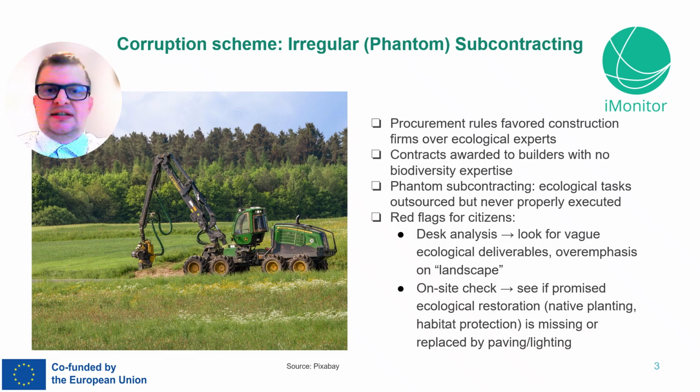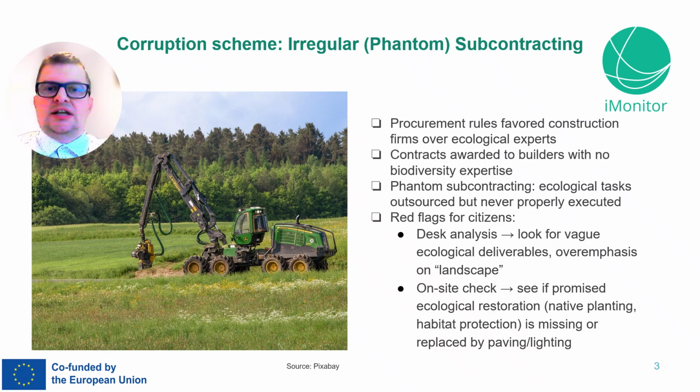For citizens, the red flags are clear. Look for vague ecological deliverables in the documents, or check on site whether the promised restoration is actually there. If instead of restored habitats you see paved paths, or if herbicide spraying has replaced biodiversity care, that's a strong signal that corruption is at play.